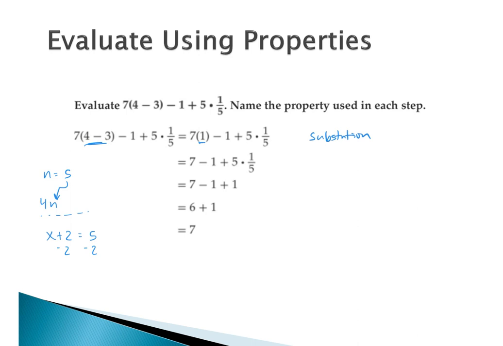That's what you did. You subtracted. So this would be the subtraction property because you subtracted from both sides of the equation. Whereas in our very first step up here, this is substitution because we only did it to one side of the equation. So if ever you're replacing an expression with a value on one side of the equation, it's going to be substitution. All right, that's the weird one.